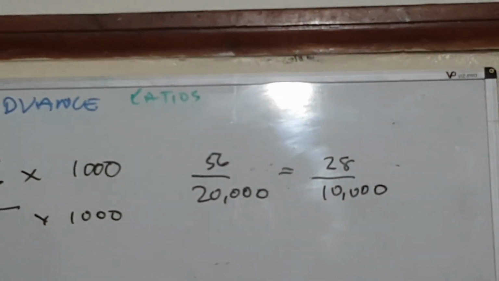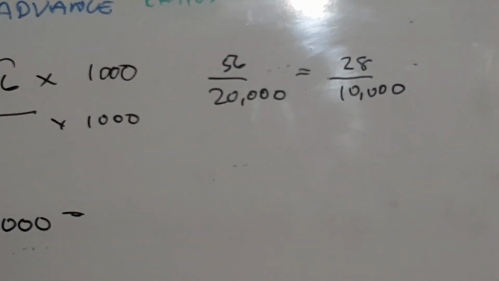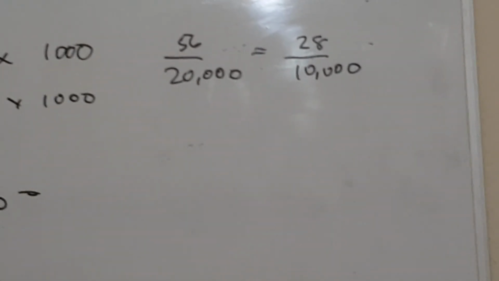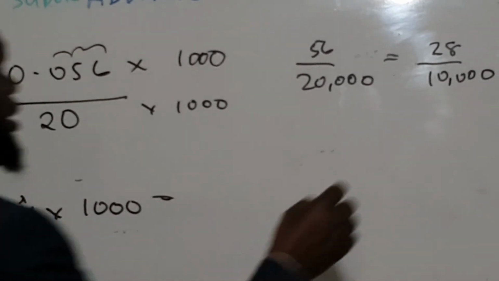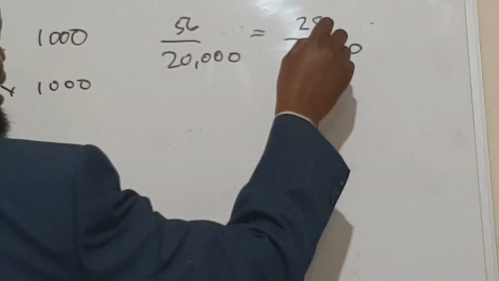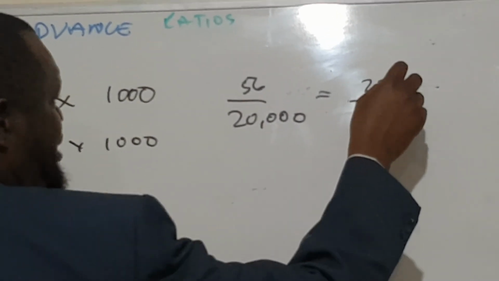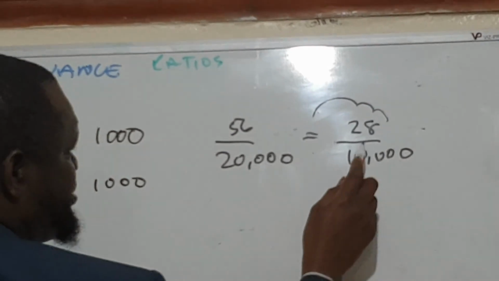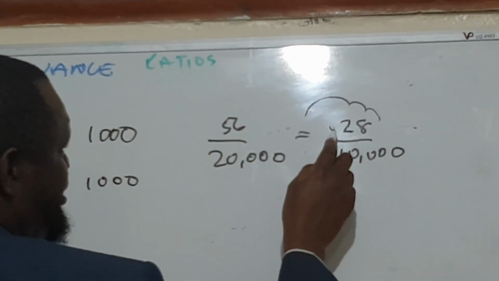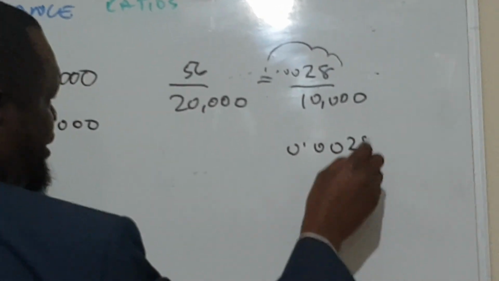Now you can do your division. If you divide by 1,000, 10, 100, the decimal moves to the left by the number of zeros. How many zeros? 1, 2, 3, 4. So that will be 0.0028.